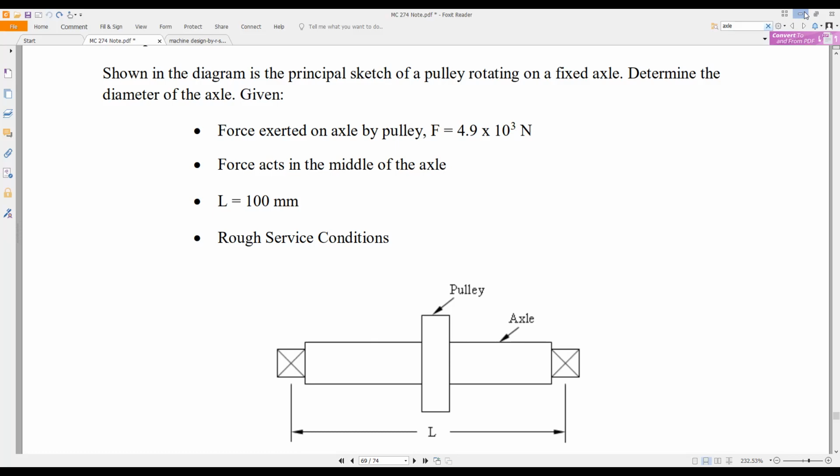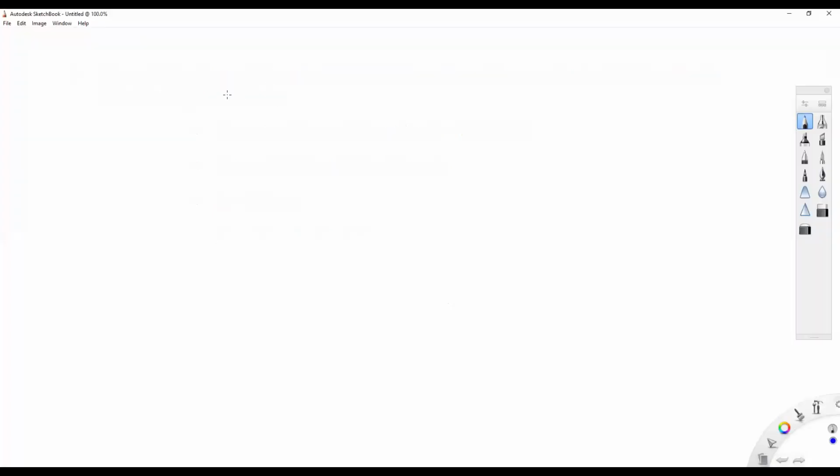Okay, so let's look at it. So first of all, we have the pulley and then the axle arrangement. We have pulley axle arrangement. Let's say that the axle is somewhere here, and there is the pulley at the center.